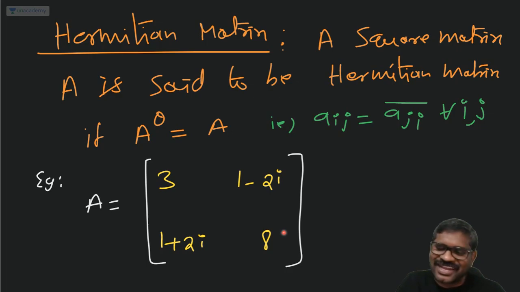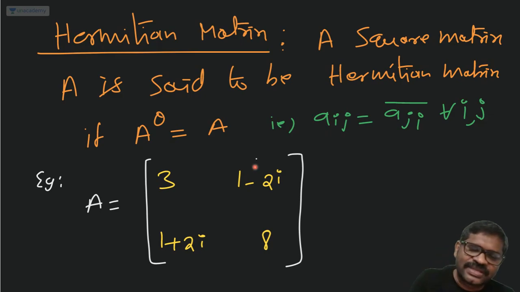What are the observations in that example? Principal diagonal elements are real. That is the first observation. The second observation is the remaining entries are corresponding conjugates: 1 minus 2i, 1 plus 2i. For the imaginary part, I have just changed the sign. Here minus, here plus.